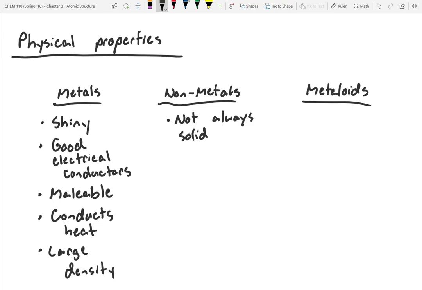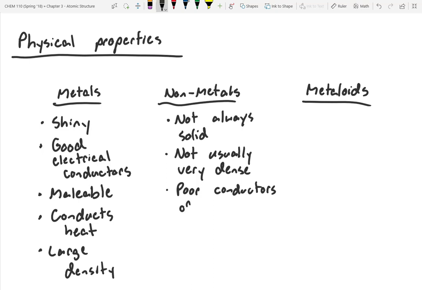All right, they're not typically as dense, at least relative to metals. They are poor conductors of heat and electricity.